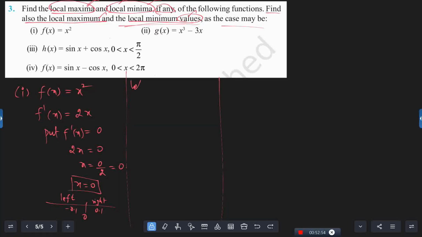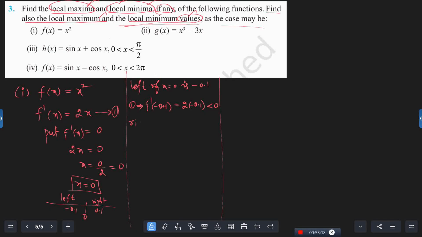First, left of x equal to 0 is minus 0.1. Substitute that in the derivative, not the question. So f dash of minus 0.1 is 2 into minus 0.1, which is less than 0.